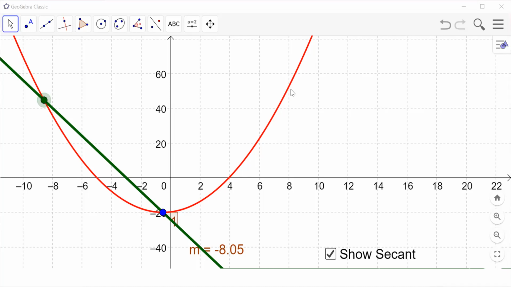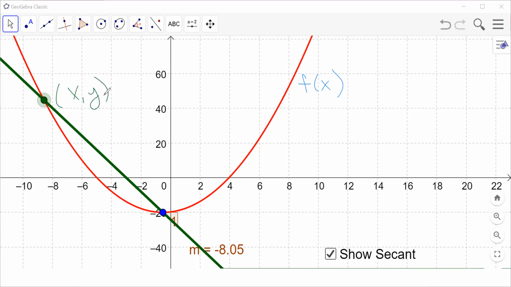All right, here's what we're going to do, friends. We've got our function, and I'm going to call this function f at x. Keep it simple. And there are two points on here, the green point and the blue point. I'm going to label the green point up here x, comma, y.